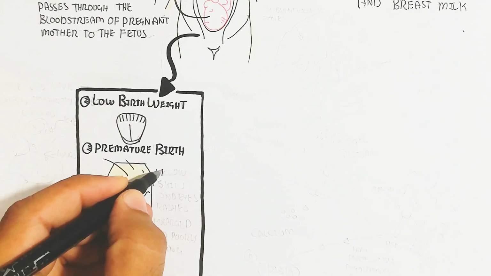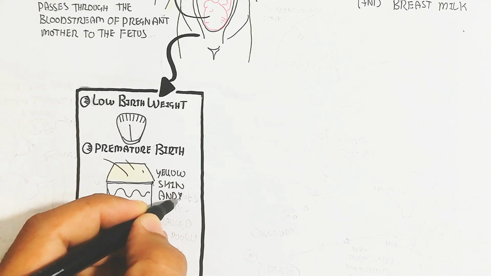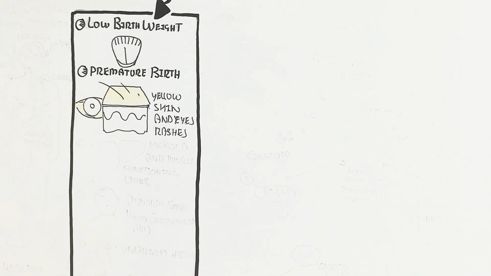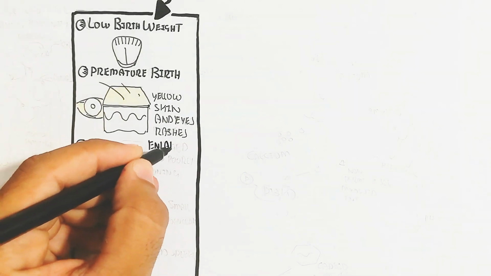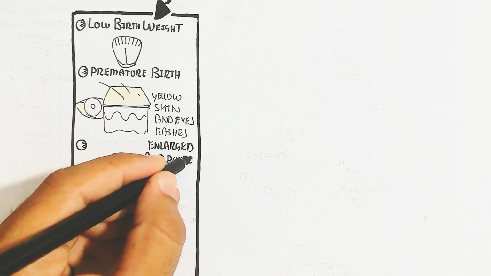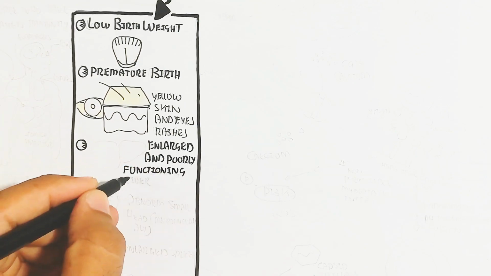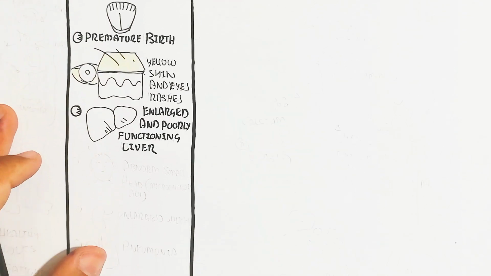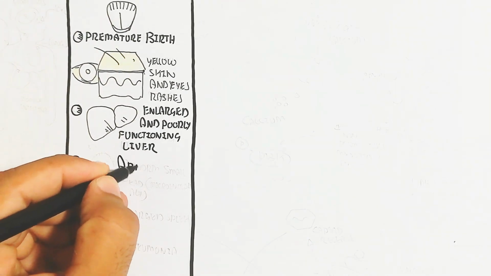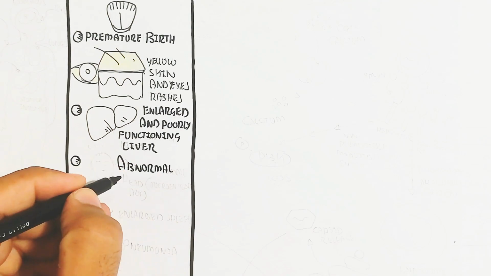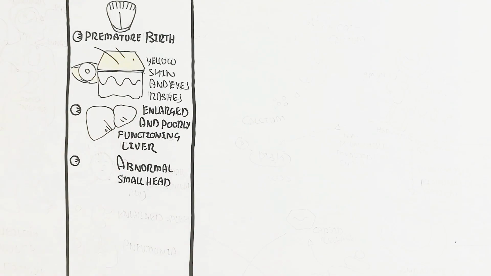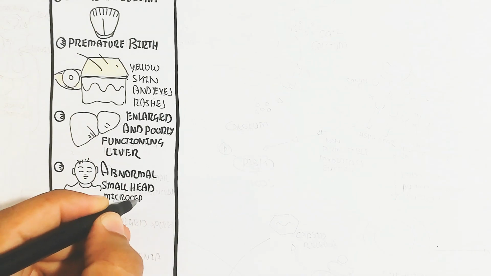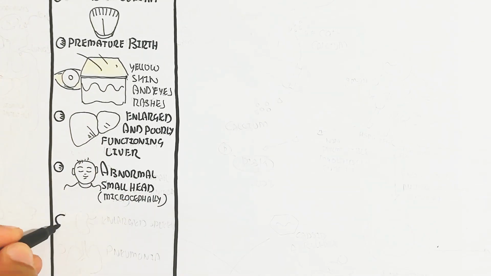After this, the infection can lead to low birth weight, premature birth, yellow skin and eyes, and rashes on the skin. Also an enlarged and poorly functioning liver, and an abnormally small head, microcephaly. Microcephaly occurs due to infection of the brain too, but we will understand in this video how the brain can be infected.